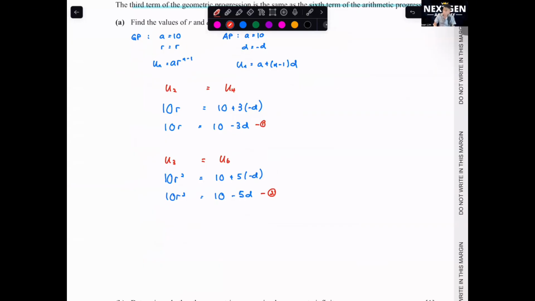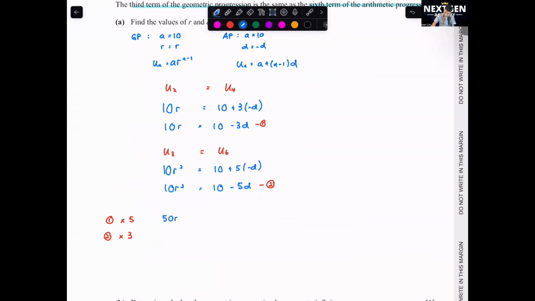Okay, equation 1 we multiply it by, let me see, do we need to multiply 15? Okay, yeah. So equation 1 we multiply by 5. Equation 2 we multiply by 3 because we want to eliminate the d value. This will be 50r.